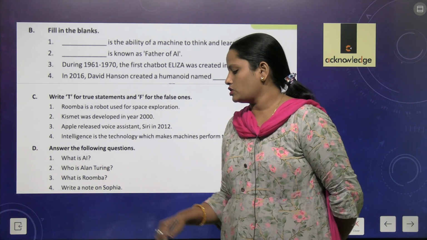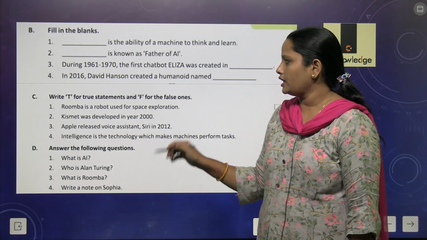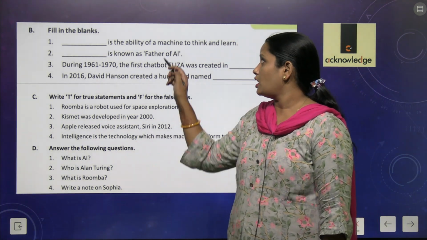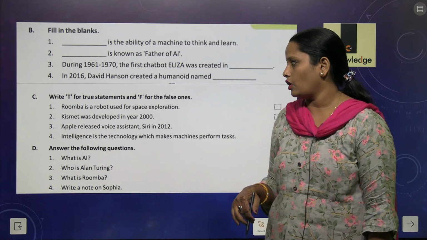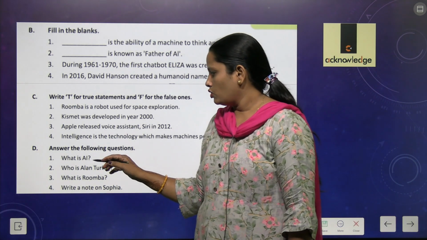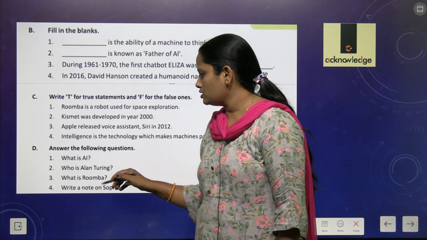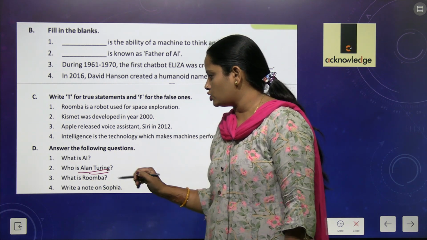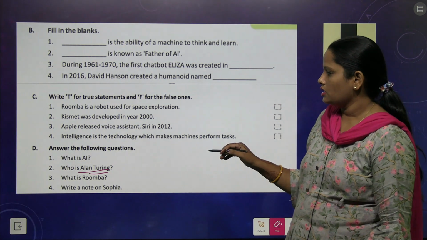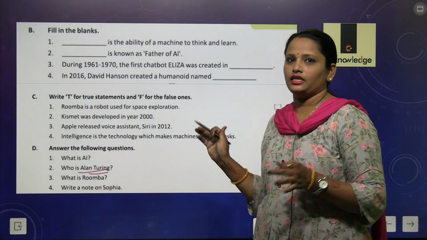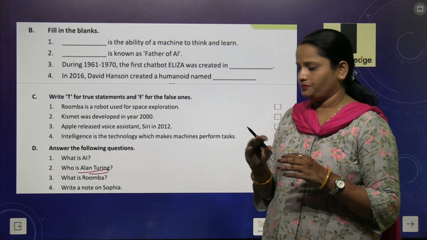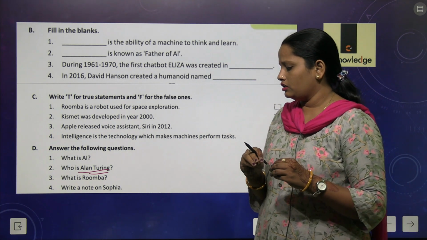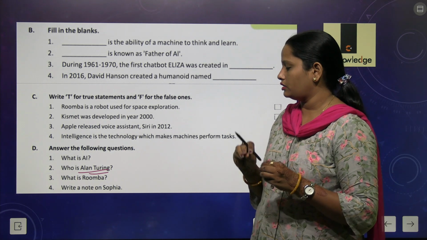Okay. Next question is, what is AI? So AI is the ability of a machine to think and learn. Okay. Next is, who is Alan Turing? Alan Turing was the first scientist who made papers on machines that can think.